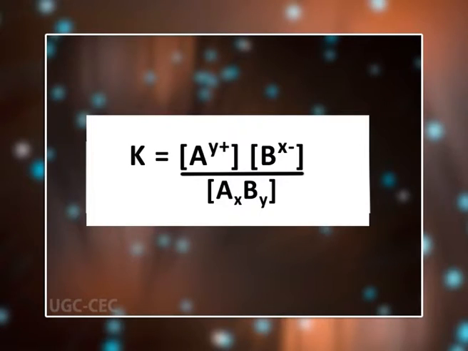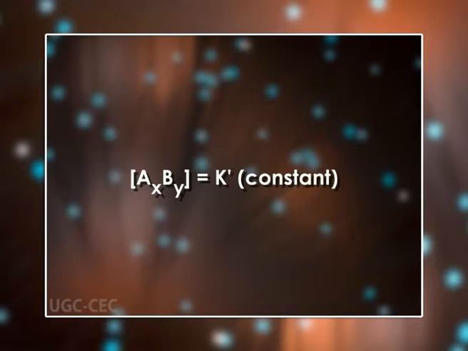If we apply the law of mass action to the equation, we get K equal to the concentration of Ay positive into the concentration of Bx negative divided by the concentration of AxBy. When the solution is saturated, the concentration of AxBy is equal to a constant K dash.